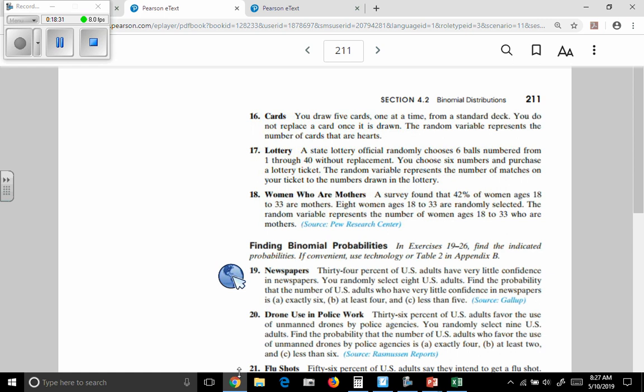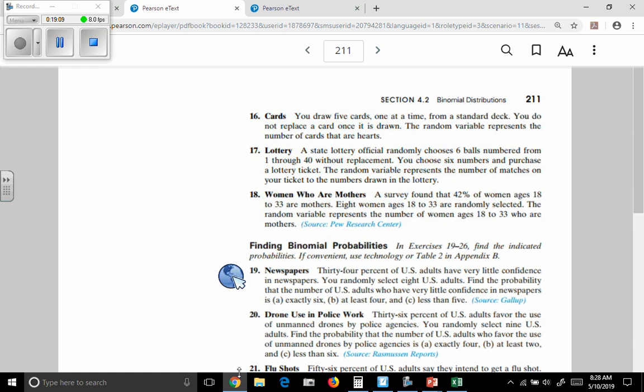Now this is not a binomial distribution because the probability of success changes each time we draw a card because we are not replacing a card. The first time we draw a card, we have 52 we're choosing from, but the second time, we only have 51. So regardless of what card we're drawing, the total number of cards is changing, so the probability of success is changing. So number 16 is not binomial.